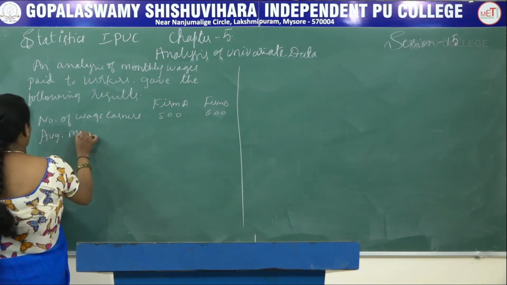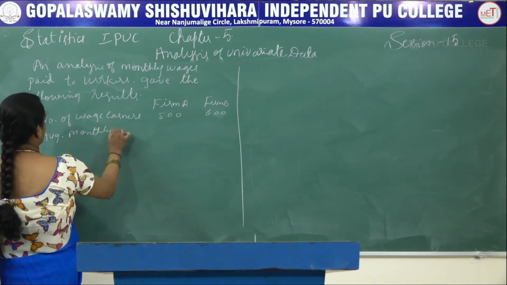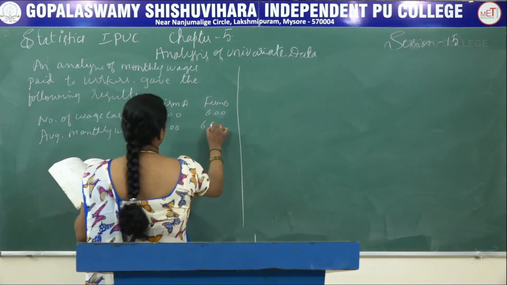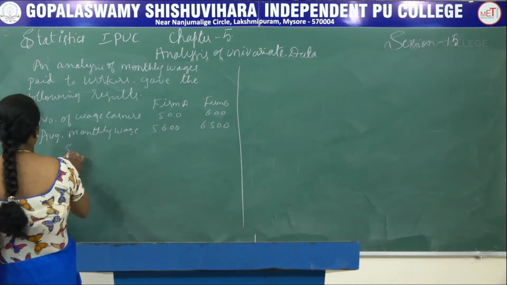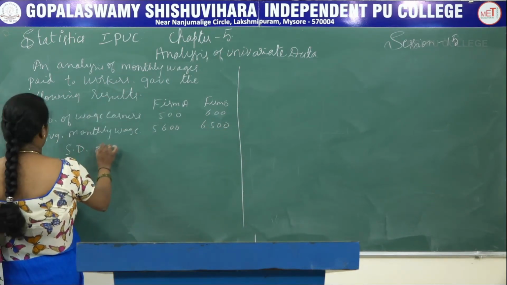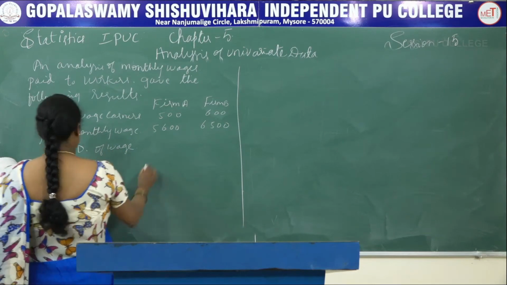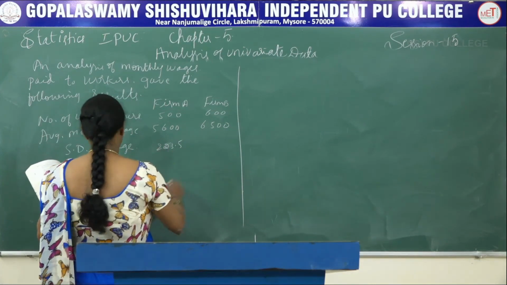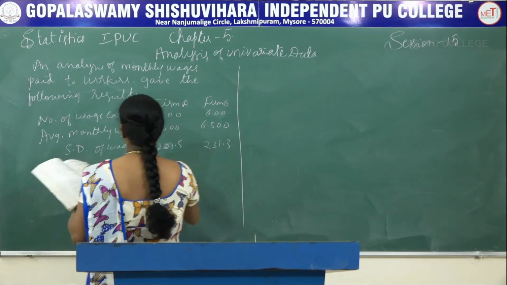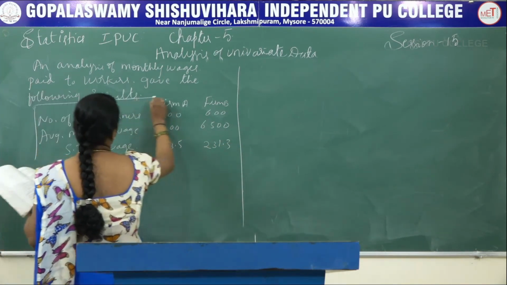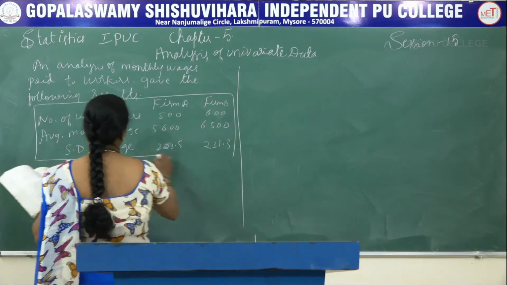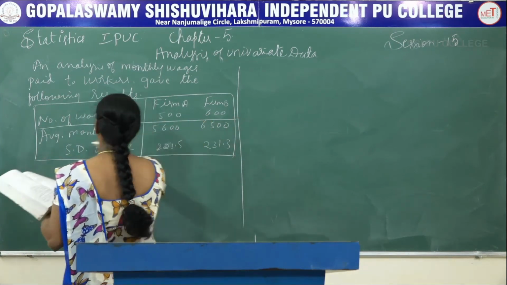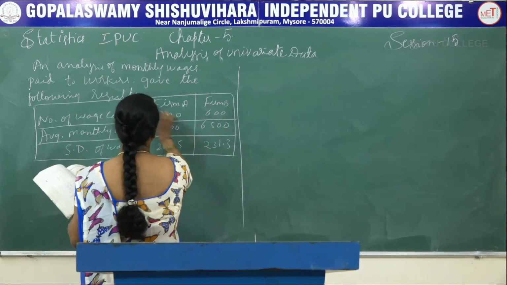Average monthly wage: 5600, 6500. Standard deviation of wage: 223.5, 231.3. This is the data they have given: number of workers, average monthly wages, and the standard deviation.